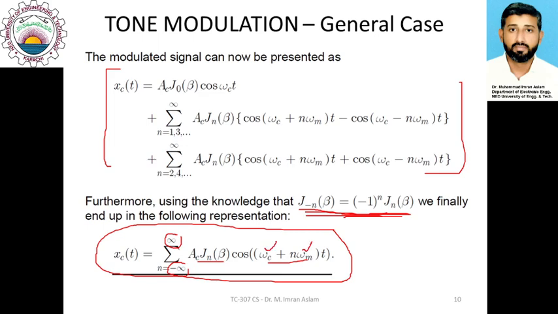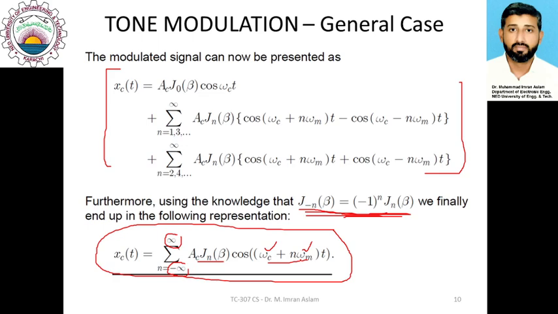You can see that this is omega_c plus n omega_m. So for each omega_m, there will be a spectral line after every omega_m. So you will have a line after 2 omega_m and 3 omega_m and 4 omega_m and 5 omega_m. Similarly, on the negative side, you will have lines at minus omega_m, minus 2 omega_m, minus 3 omega_m, and so on.